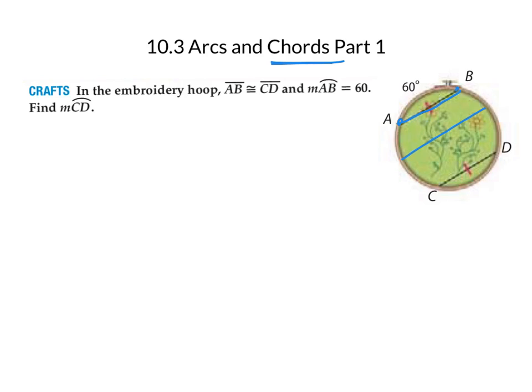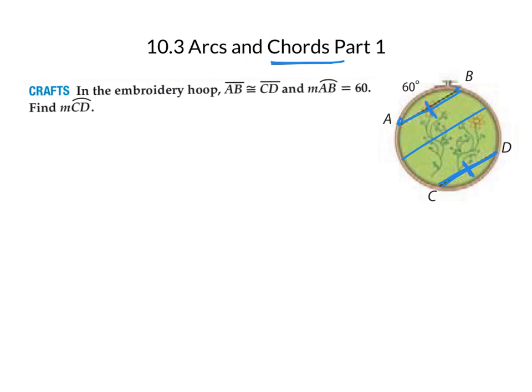And you guys already know from previous videos what an arc is. An arc of a circle is a portion of the circle, or a part of the circle. So in this video, we're going to talk about arcs and chords and the relationships between arcs and chords. One thing that you have to know is that if you have a circle and two chords that are congruent to each other, like in this picture, where they're showing us that chord AB is congruent to chord CD, then the arcs are also going to be congruent.